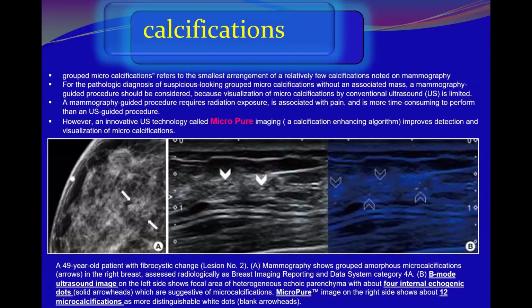So it is difficult to biopsy. But with this technique, the micropure technique that enhances the visualization of calcification, we could demonstrate 12 particles of microcalcification, so it facilitates ultrasound-guided biopsy as seen in this case.